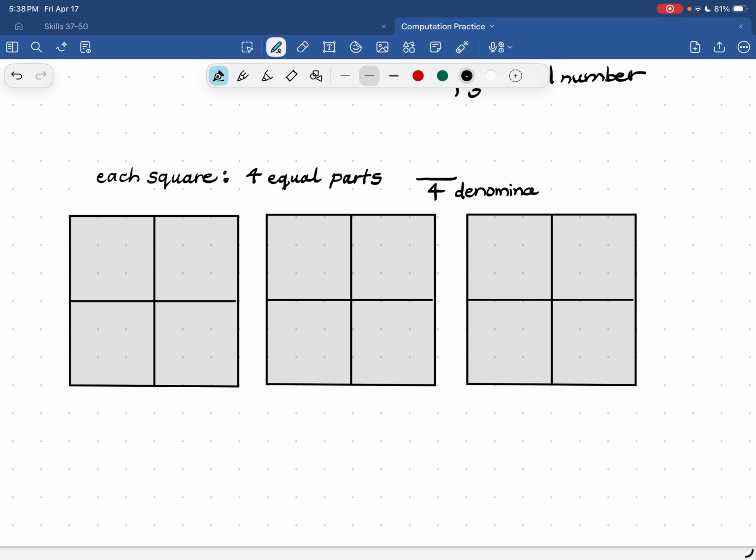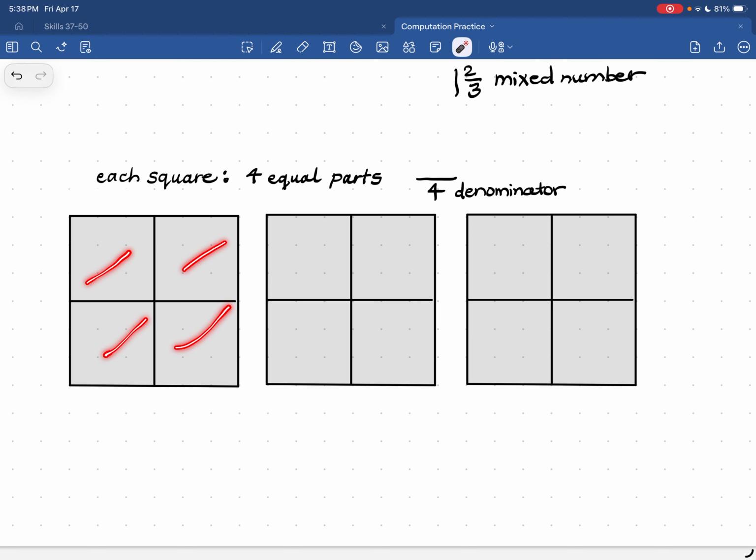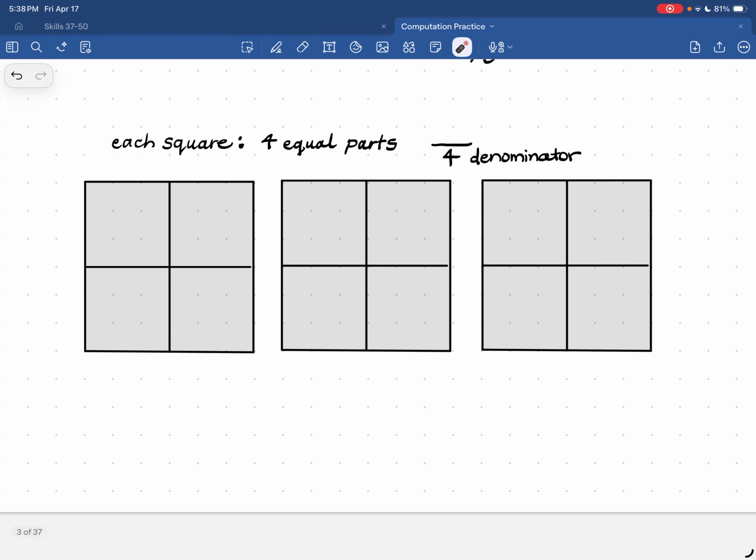And only a 4. And you might be thinking, well, if I count those, I have 12. 6, 7, 8, 9, 10, 11, 12. And that is true. But in one square, one single square, how many equal parts do you have? And that would be 4. So that is your denominator.